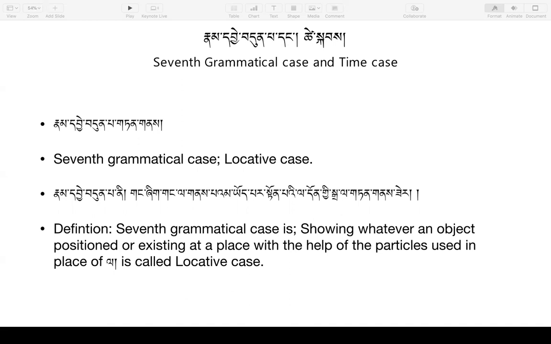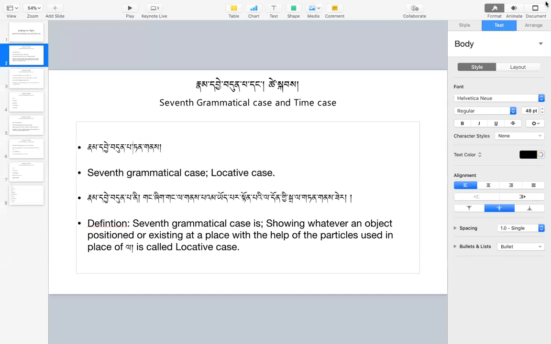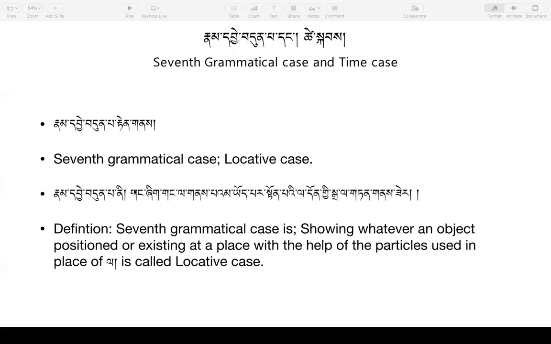Namietumba tene. The seventh grammatical case is also called the locative case, but that is not the most perfect translation, and not the most common translation.